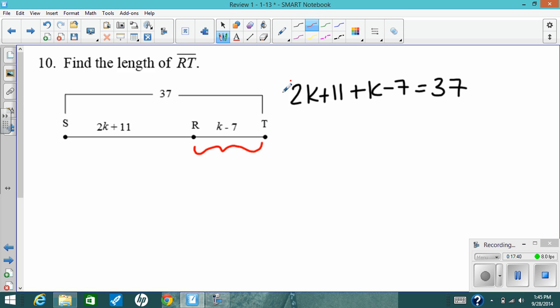Notice I didn't put parentheses in. I probably should. The reason it doesn't matter is because this plus sign will not change the signs of K or minus 7. So I can just go ahead and combine like terms. 2K plus K is 3K. 11 minus 7 is a positive 4. And I can keep solving.